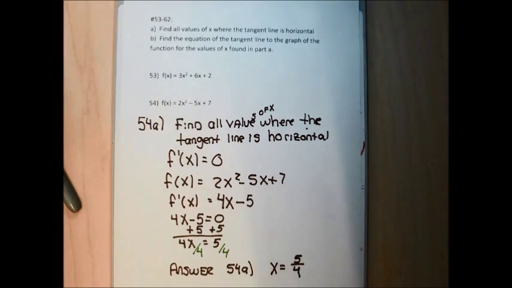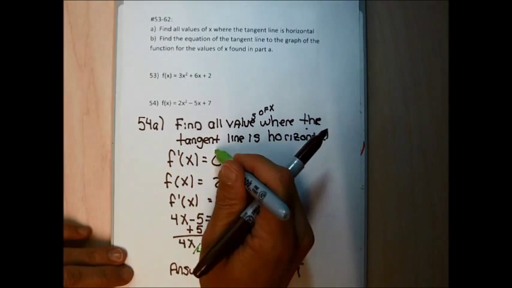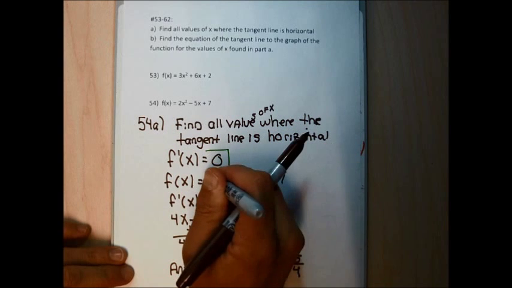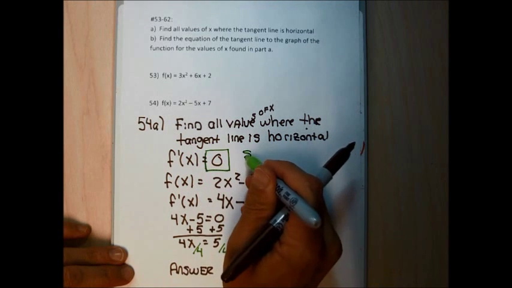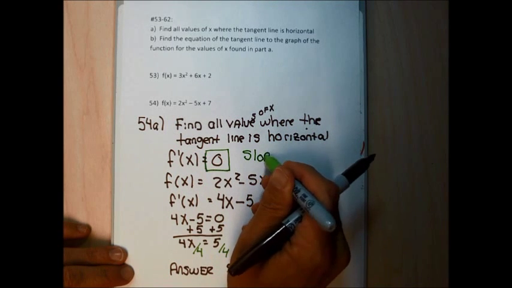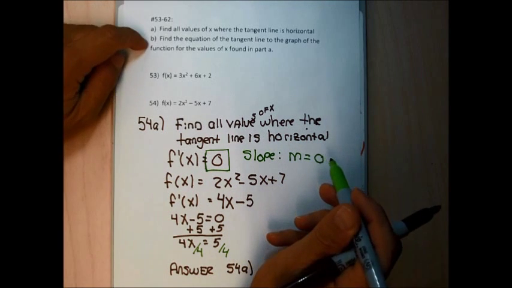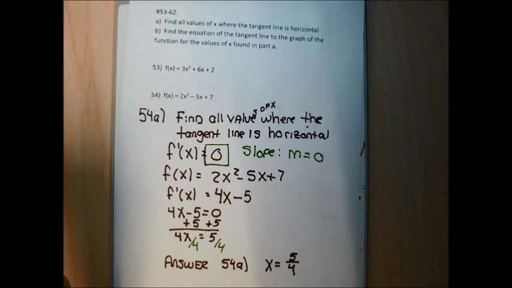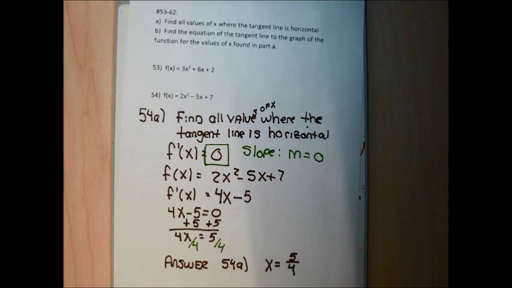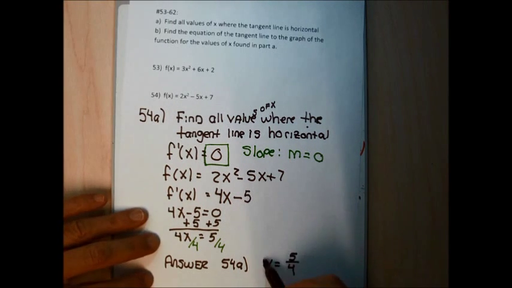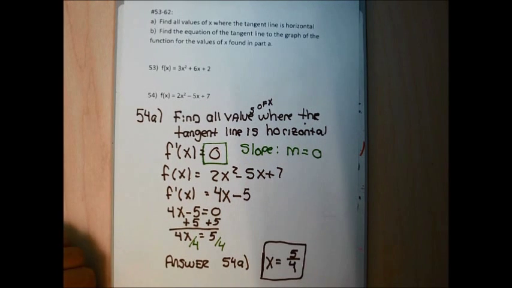And I can tell their slope is 0 because the slope of any tangent line is what I set the derivative equal to. So when I go to do part 54b, I'm shooting to find an equation for a tangent line. The slope is going to be 0. And, better yet, I have the x-coordinate of the point that I need to find the tangent line for.